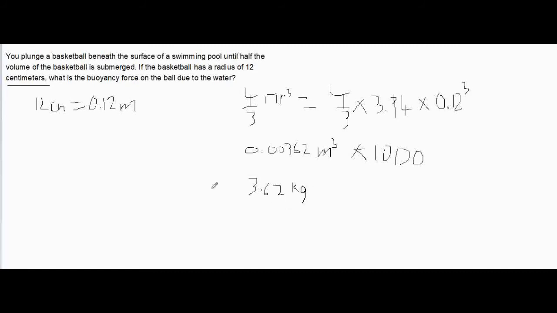But we don't want the mass of the water displaced, we want the weight. According to Archimedes principle, we want the weight to find the buoyancy force. So we would then multiply this by the gravitational field strength, 9.81, and we end up with 35.5 newtons of buoyant force.